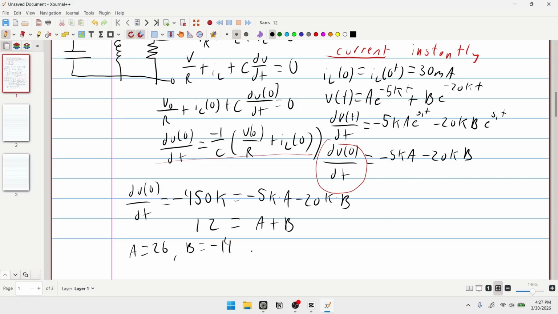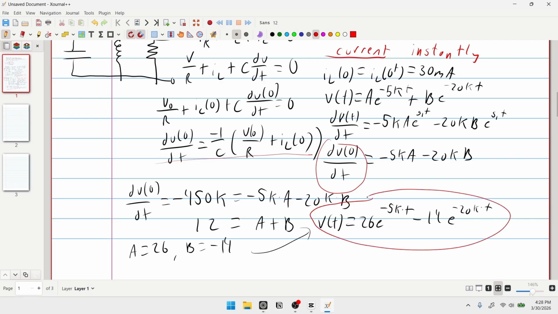So bring that back into our form equation. Our final answer should be v of t equals 26e to the negative 5,000 t minus 14e to the negative 20,000 t. And that is our final answer.